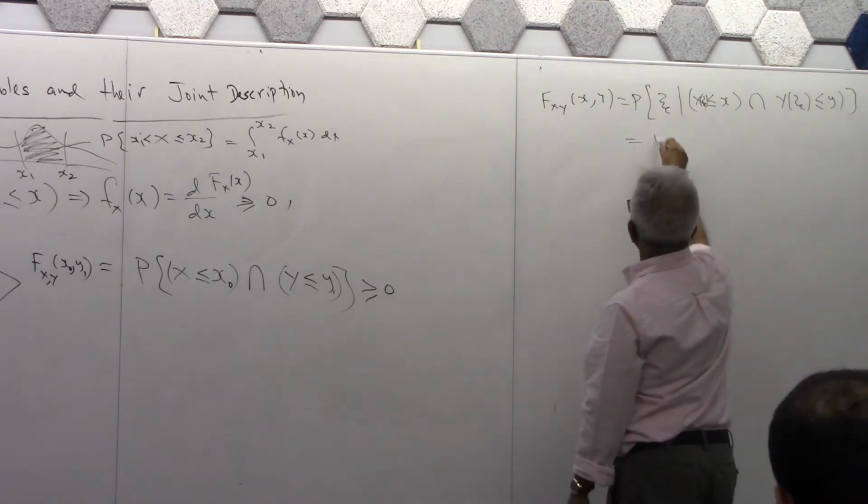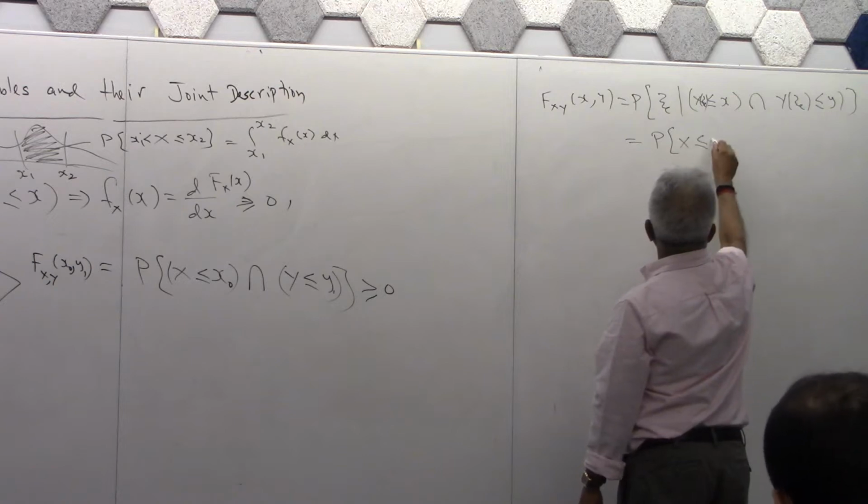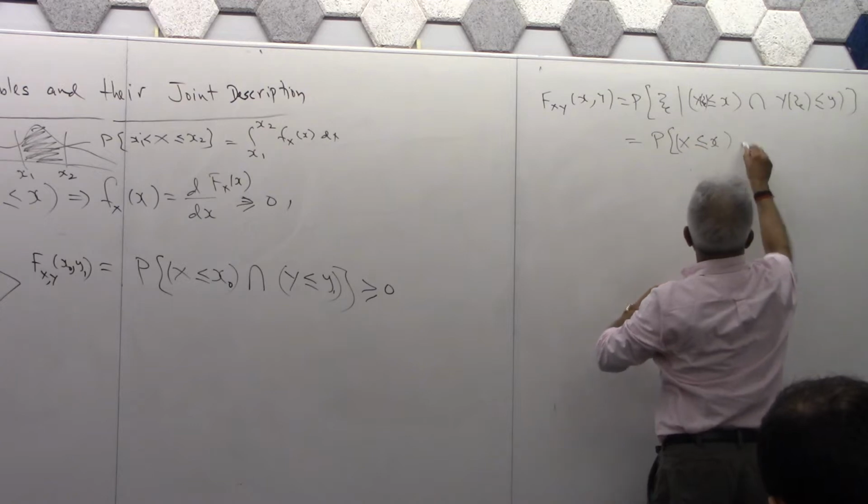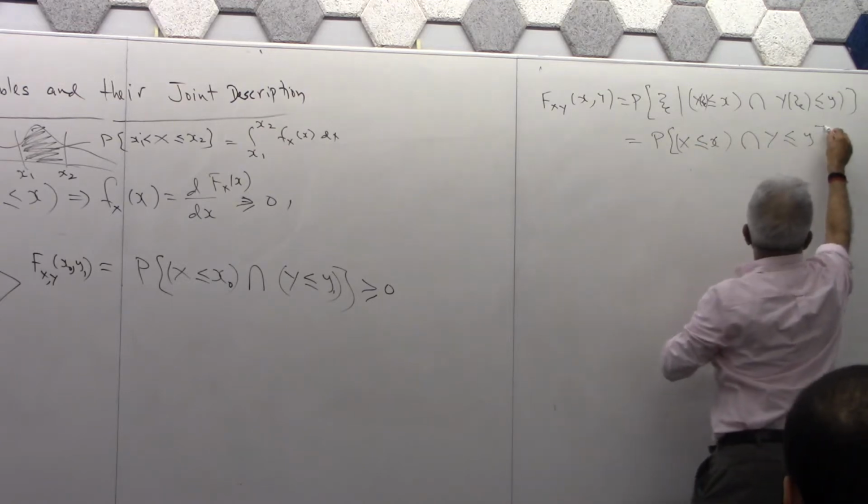We just write it in this fashion. So we are talking about the probability of the events which satisfy both these inequalities simultaneously.